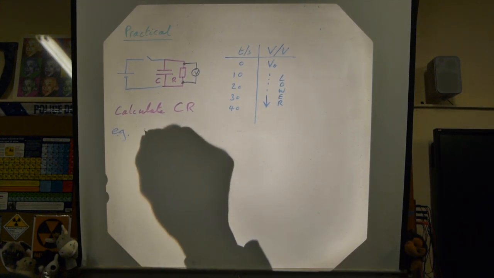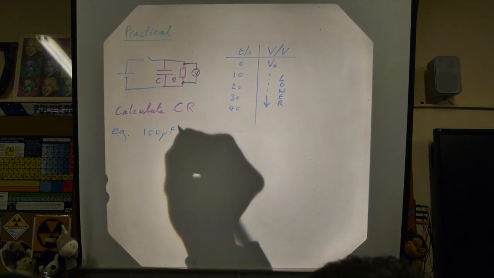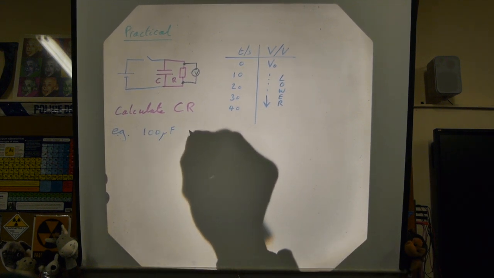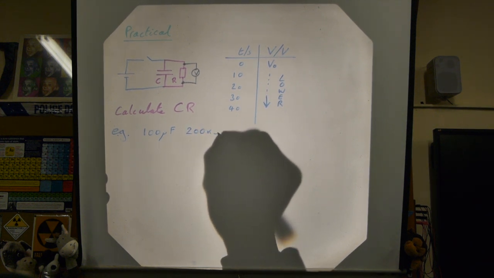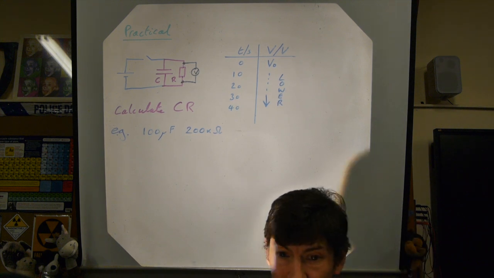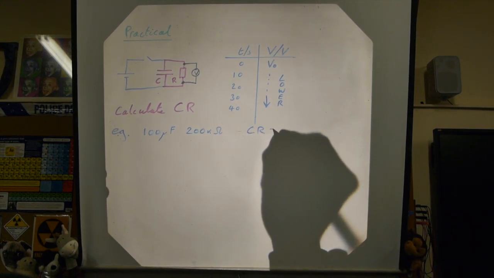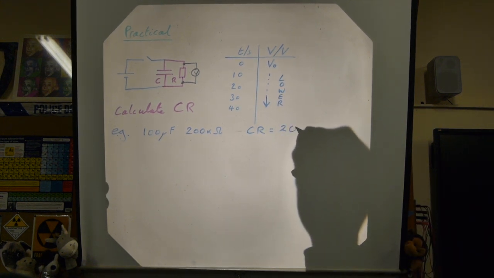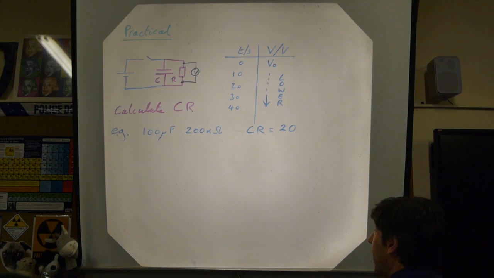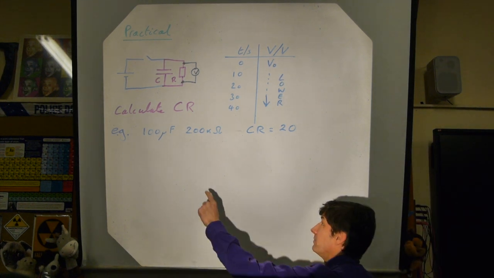Let's imagine that the capacitor is 100 micro, I'll say that loud, farads, and the resistor is 200 kilo ohms, so we don't miss those multipliers. CR is going to be equal to 20, okay? Now we've got a problem, and it's this problem I wanted to deal with now.